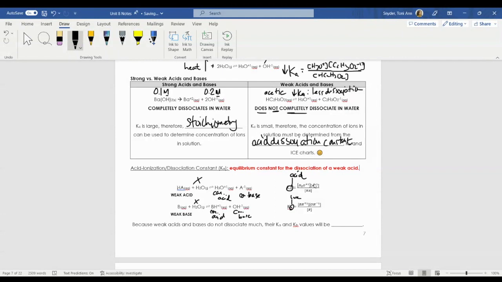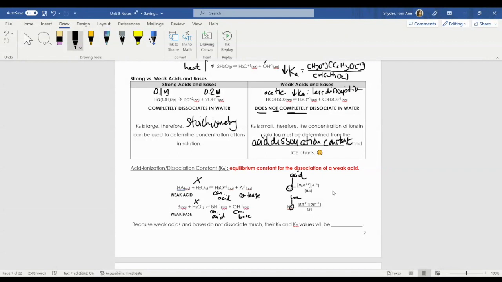And if I'm using a base, when I set up that expression, that is equal to the Kb. We have to keep that straight as we do these questions, because sometimes you do in fact need to switch from a Ka to a Kb.